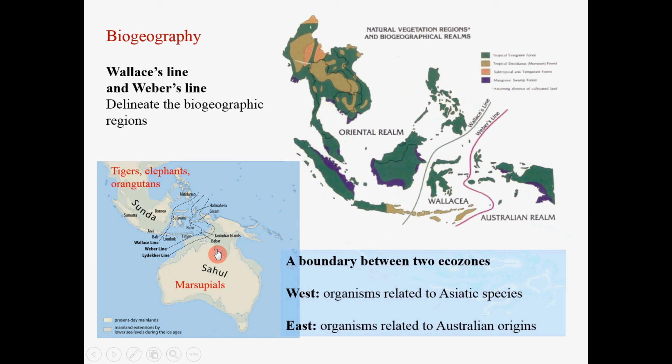Those deep ocean bodies prevent animals from migrating across this zone. And that is what helped divide these different animal regions into the east and the west of this line.